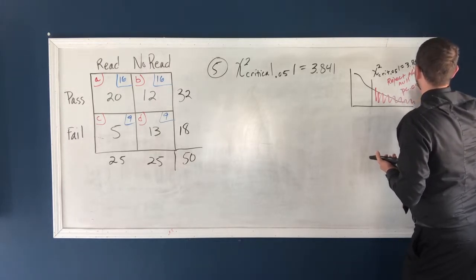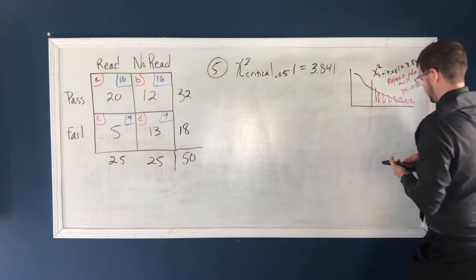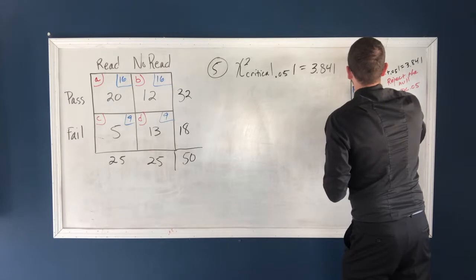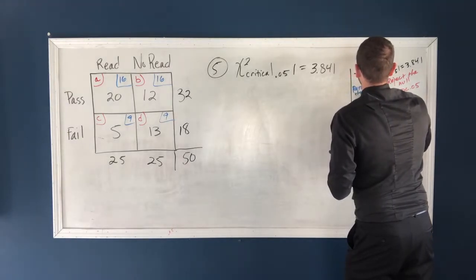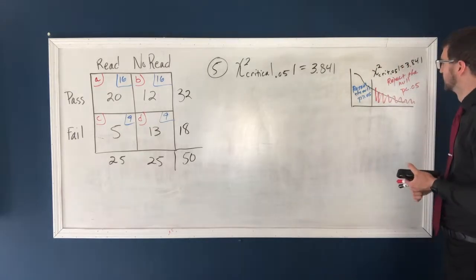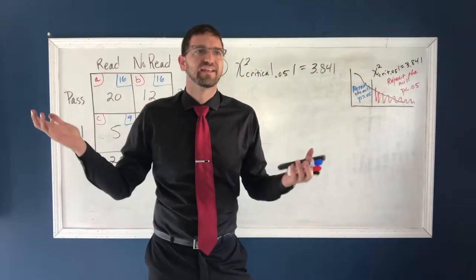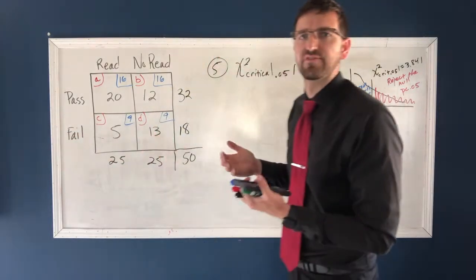P is less than 0.05. And we're going to retain the null on this side. P is greater than 0.05. So once again, you cannot have a negative chi-square value, just like you can't have a negative F value.